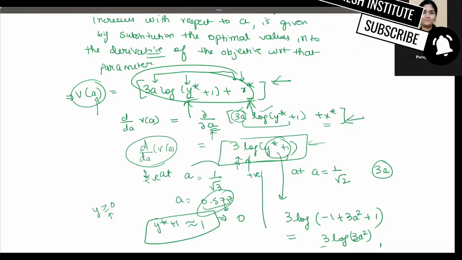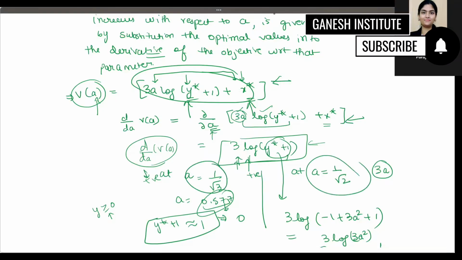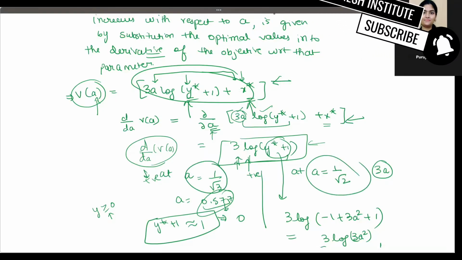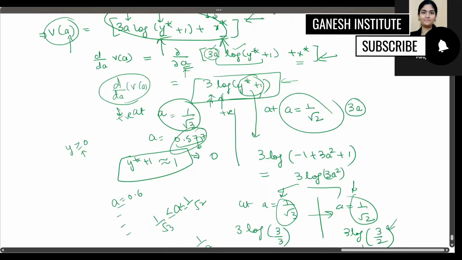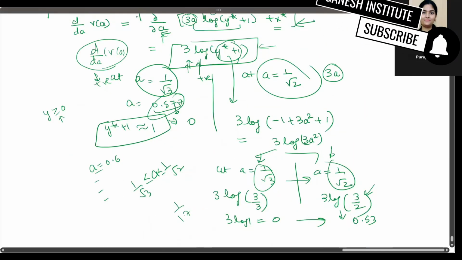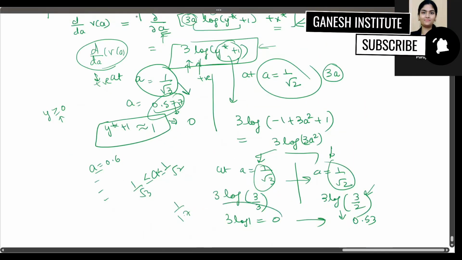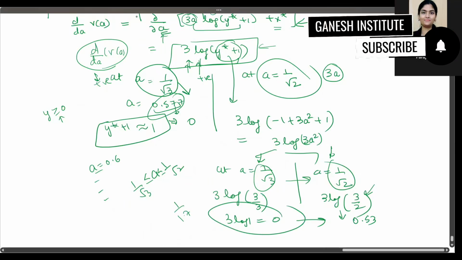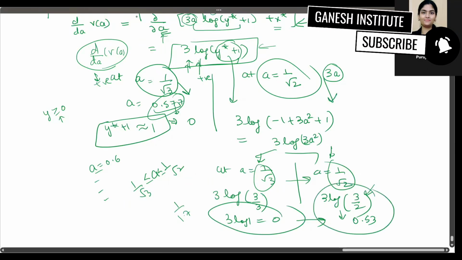Put in the values of A, the limit which you got in the optimization, and see, you just need to prove that for a lesser value, the differentiation is coming out as lesser, and for a greater value, it is coming out positive.